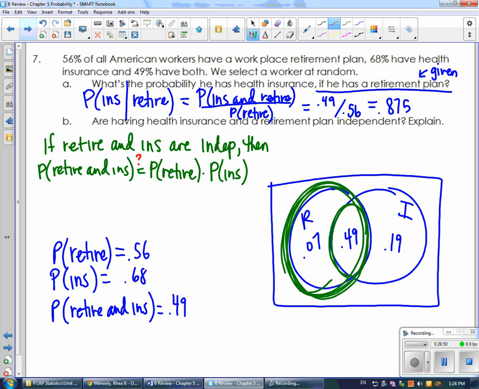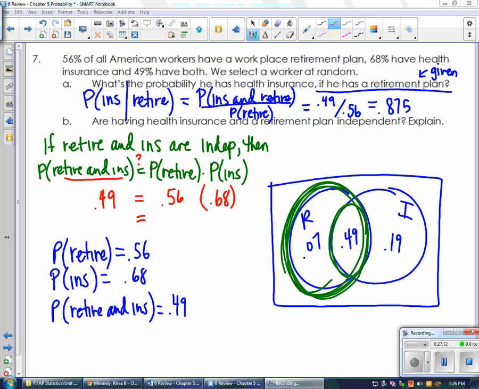So I'm given everything I need. The probability of having both a retirement plan and insurance is 0.49. The probability of having a retirement plan is 0.56, and I want to multiply that times the probability of having insurance. And so if I multiply the right-hand side, I believe you get 0.3808.